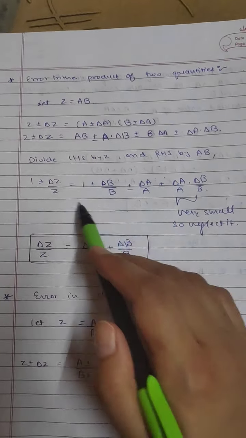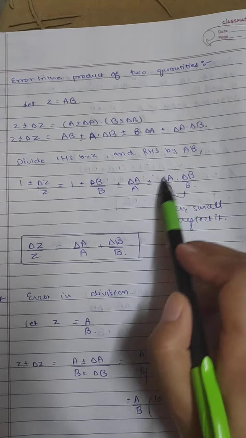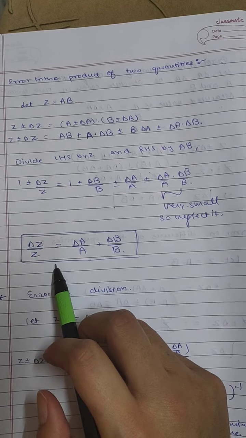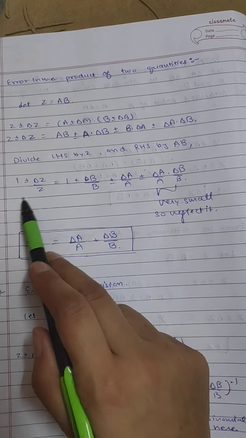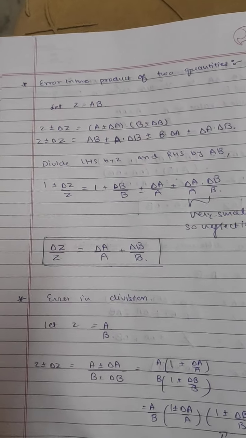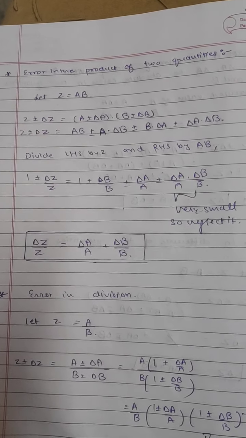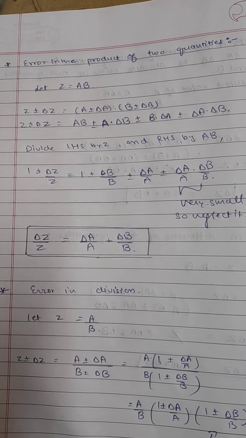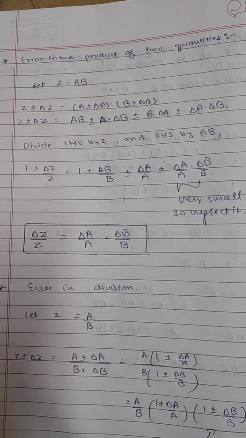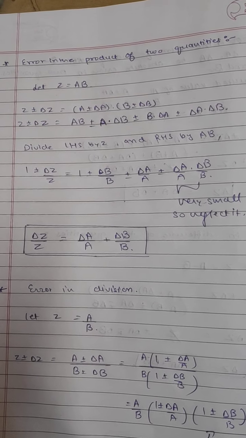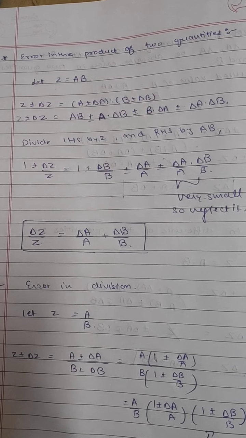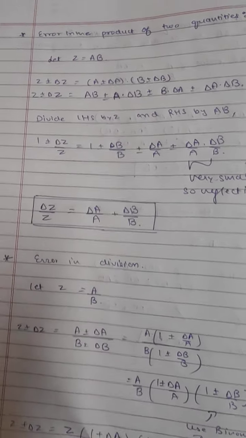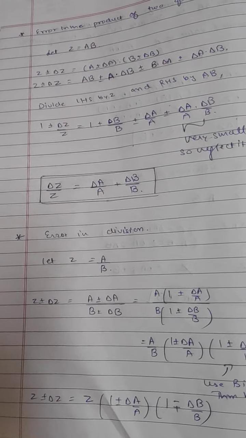So in the end, this one will be cancelled, this will be neglected, and delta Z by Z is delta A by A plus delta B by B, after taking plus minus common. So when the product of two quantities is taken, Z equal to A into B, the errors can be written as delta Z by Z is equal to delta A by A plus delta B by B.